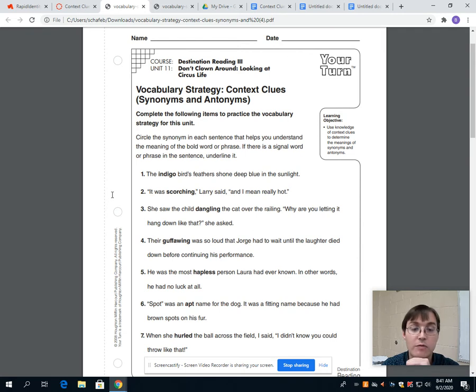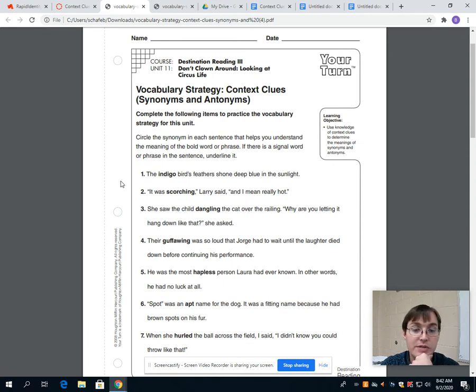There's a way to get out of the room, but you have to follow clues to find the way out. It's the same thing with each of these sentences. In each of these sentences, there is an unfamiliar word, and there's a definition of that word, but you have to follow the clues to find that definition so you can move on to the next word.